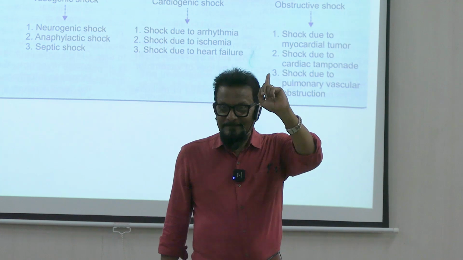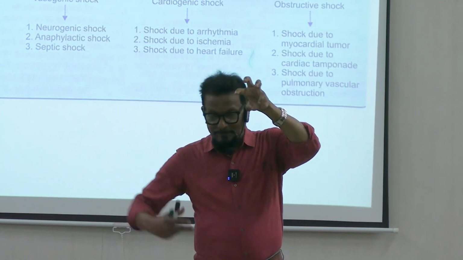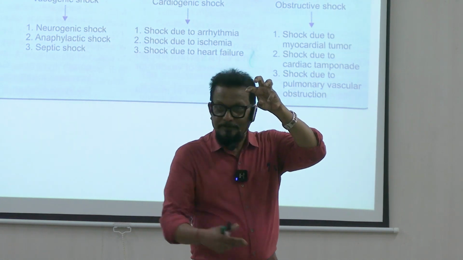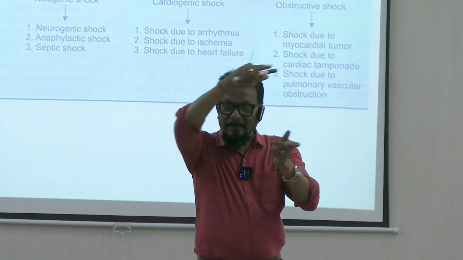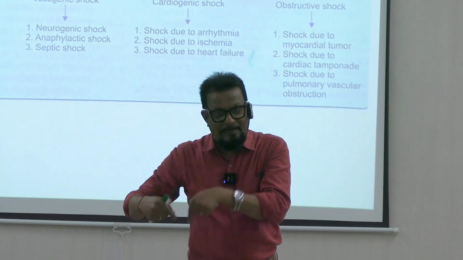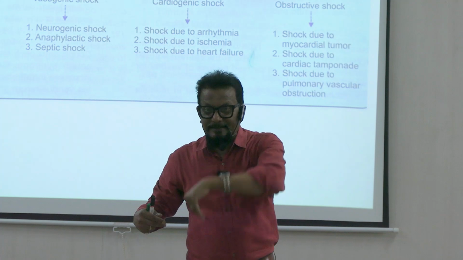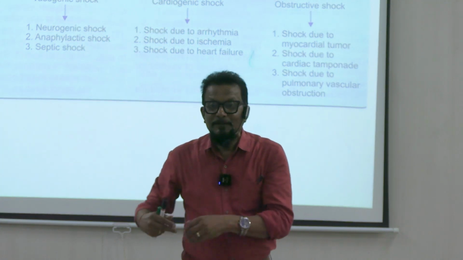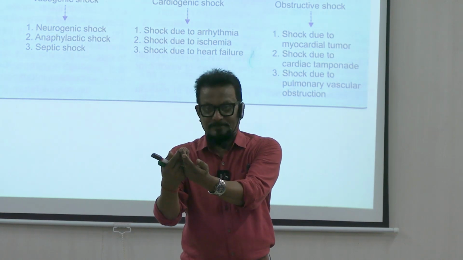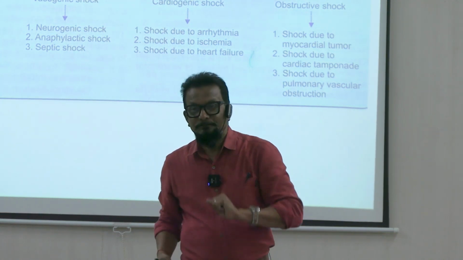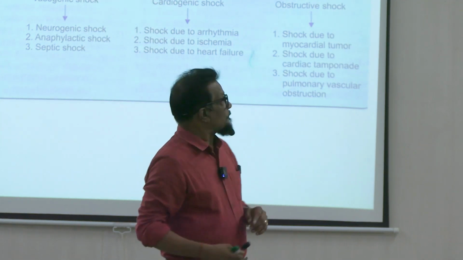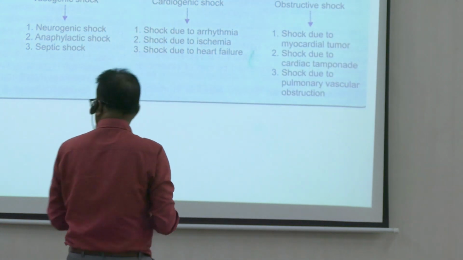If there is obstruction in the lung, less blood will be coming into the lung, and from the lung, less blood will be coming to the left atrium and left ventricle. Since less blood is coming from the lung to the ventricles, the ventricle will also eject less blood to the circulation. So there is hypovolemia and less cardiac output. This will be called shock.